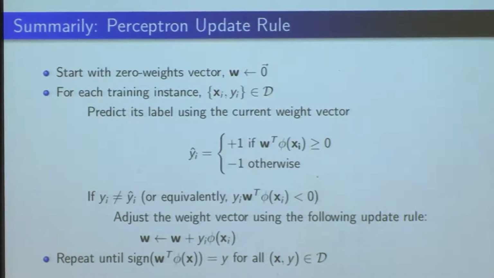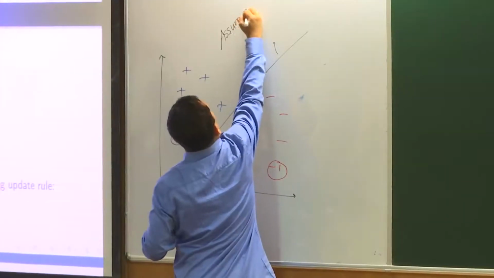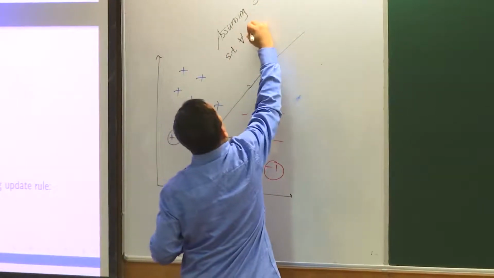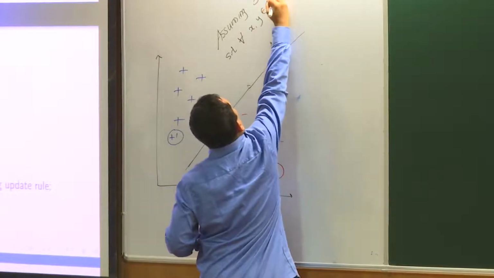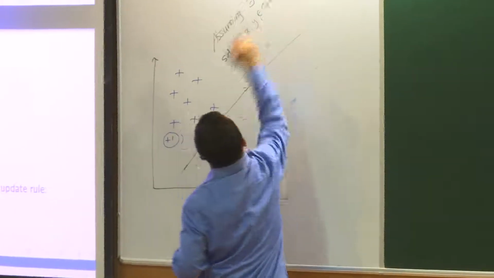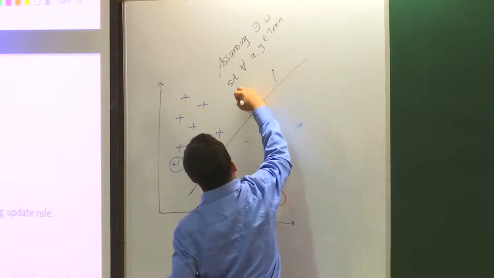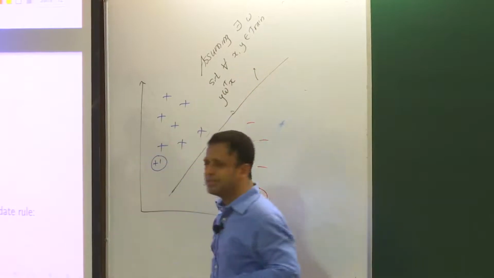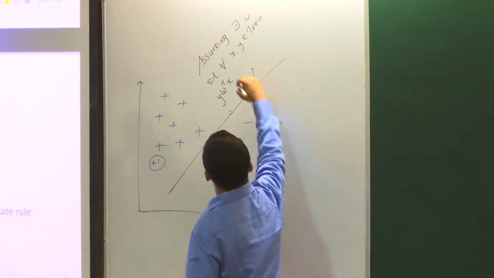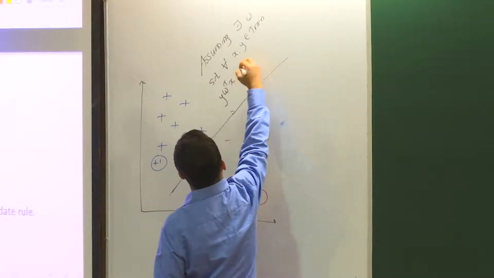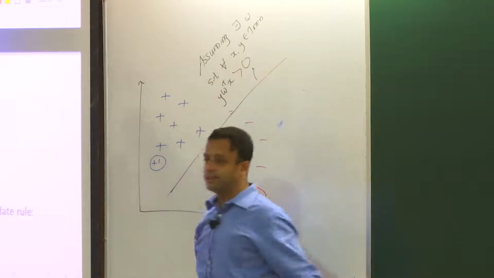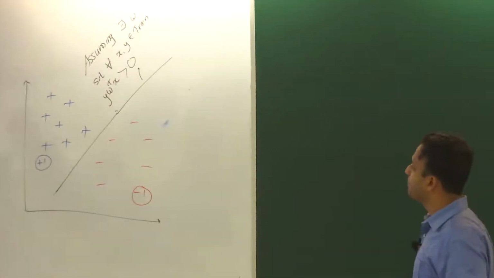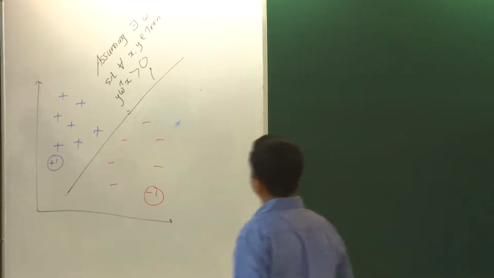Okay, so we'll assume that for all xy in train, y times W transpose x. So I'll be using x instead of phi x just to make our life easier. So we'll assume that this is actually greater than 0. Now, there exists a W for which this is greater than 0. So if you want to call this W star.